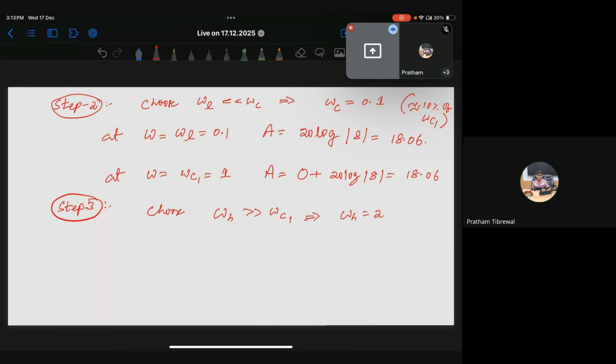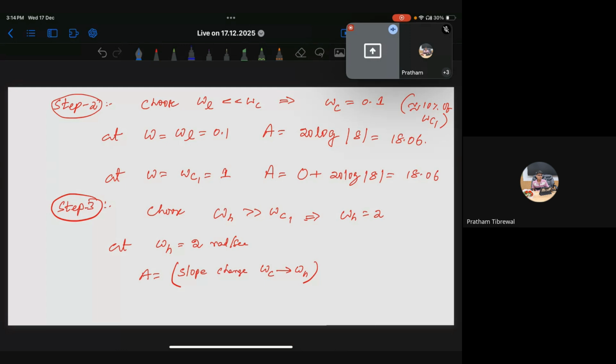Generally we take 2 times the omega c. So now at omega H equal to 2 radian per second, we find the A value, that is the slope change from omega c to omega H.